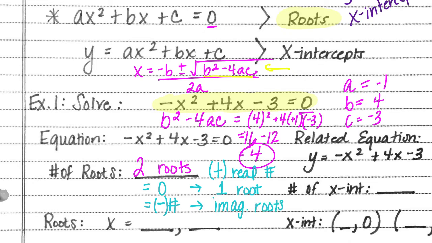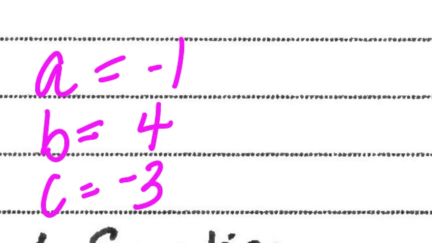So, we know that there are 2 roots or 2 x-intercepts. Well, we have to find those. So I'm going to use that a, b, and c, and I'm going to plug it in to the quadratic formula. X is equal to opposite b plus or minus square root. Well, I already knew that was 4. I don't even have to solve that because I know the discriminant, the b squared minus 4ac, was already 4, all over 2a.